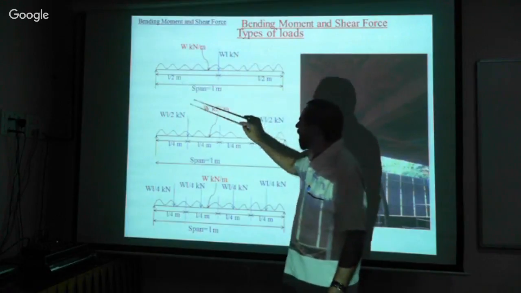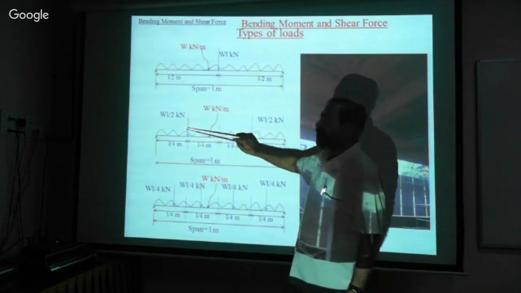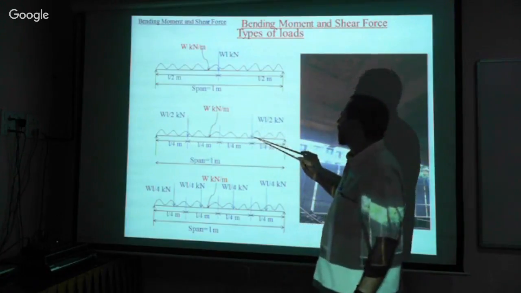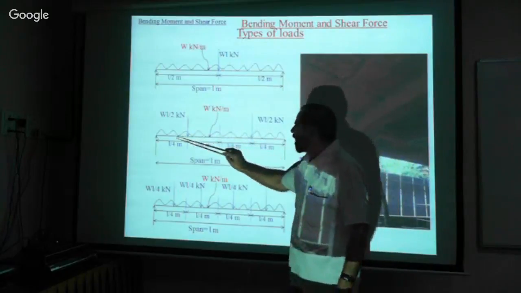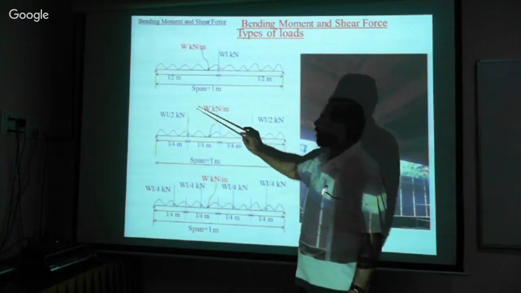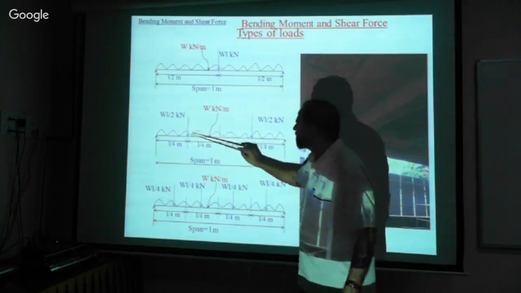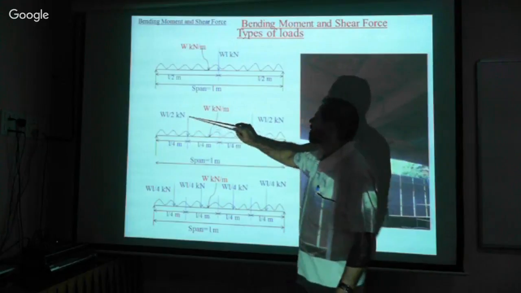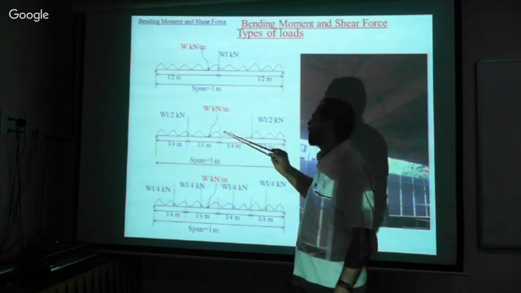The total load WL kilonewton I have made WL by 2 each; this is half of the load, and this is half of the load. The entire UDL I have converted into 2 point loads. Each load of WL by 2 acts at the center of its run.